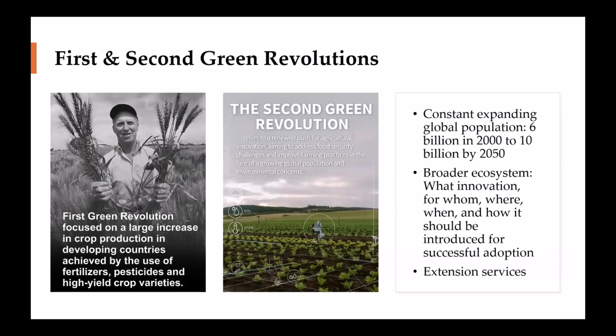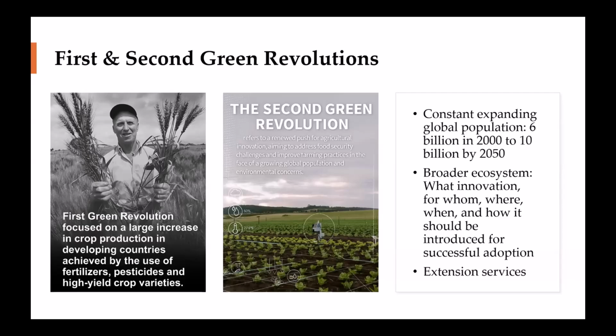Dr. Borlaug made all this effort, and of course he's a Nobel laureate. But we need a second-wave green revolution right now. It refers to a renewed push for agricultural innovation, aiming to address food security challenges and improve farming practices in the face of a growing global population and environmental concern.